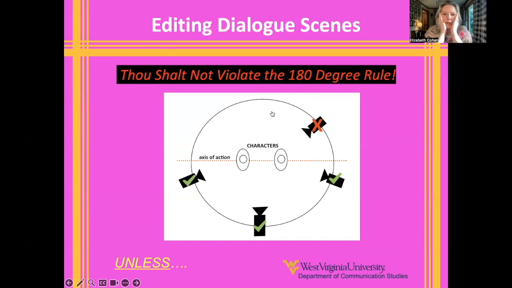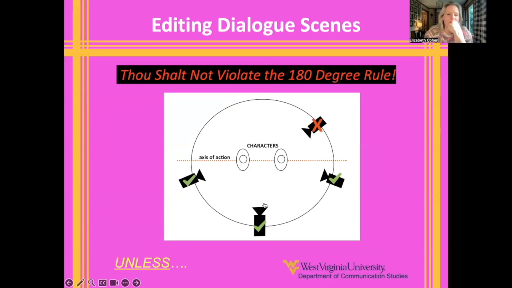This is what's called the 180 rule, basically. You've got these characters and you can switch back and forth, but everything needs to stay basically on the same side, and you see why it's 180, because if you think about it like a circle, you've got to stay here.